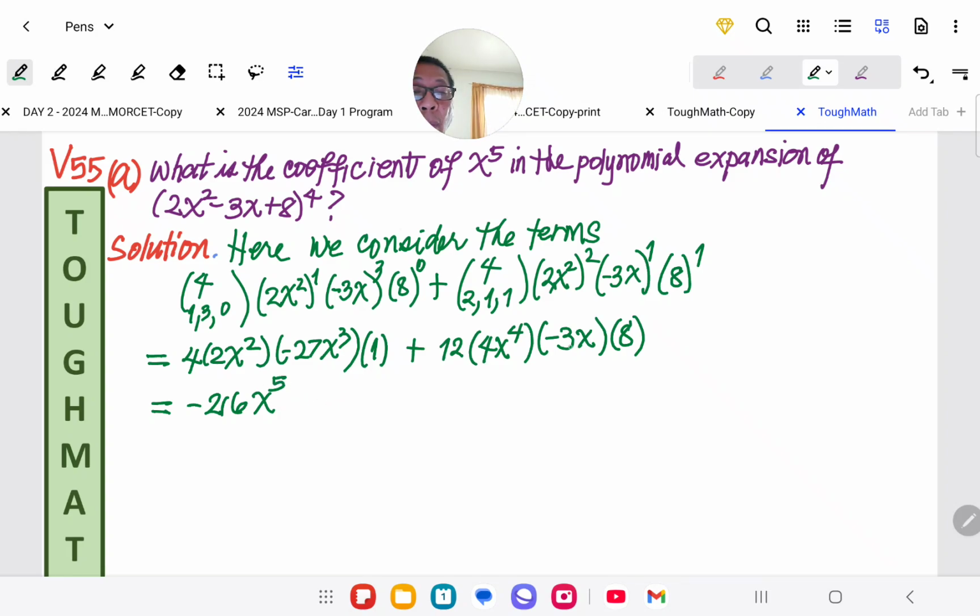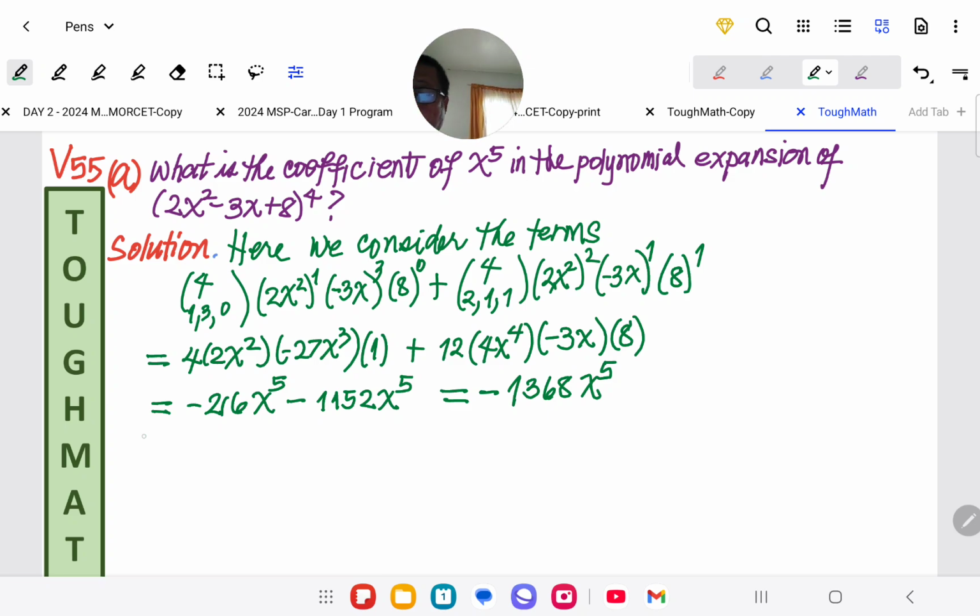Then we also have negative 1152 x to the fifth. So in total you get negative 1368 x to the fifth.